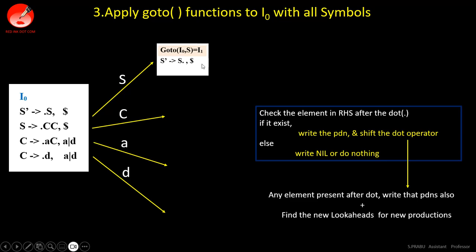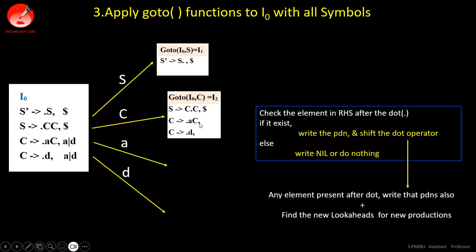This set is new one, so I named it as I1. Then for capital C, after dot, capital C is there, so I write this production here with the shifting of dot operator and write the look ahead as it is. In this position, after the dot, capital C is there, so I write these two productions also.